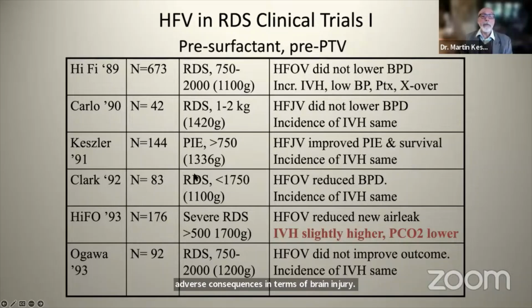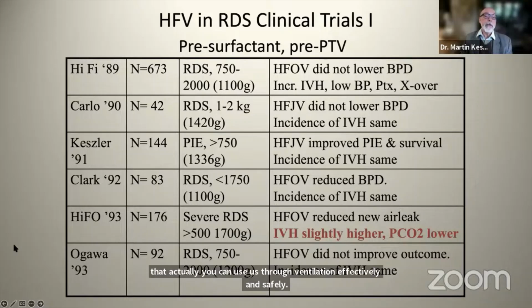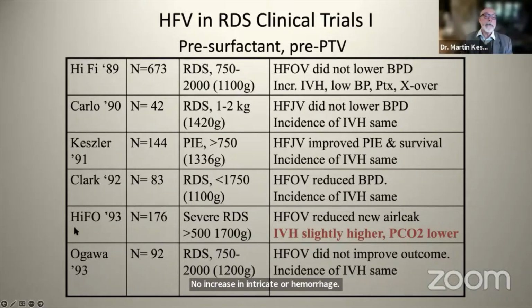Rees-Clark published a modest-sized trial in babies of similar size as the HiFi trial and demonstrated that actually you can use oscillatory ventilation effectively and safely, with no increase in intraventricular hemorrhage. Then there was another trial using the Sensormedics in a rescue mode, babies with severe RDS, some with air leak, and mean birth weight was about 1,700 grams.